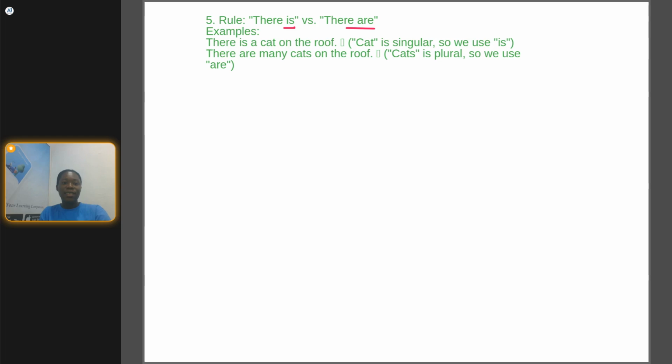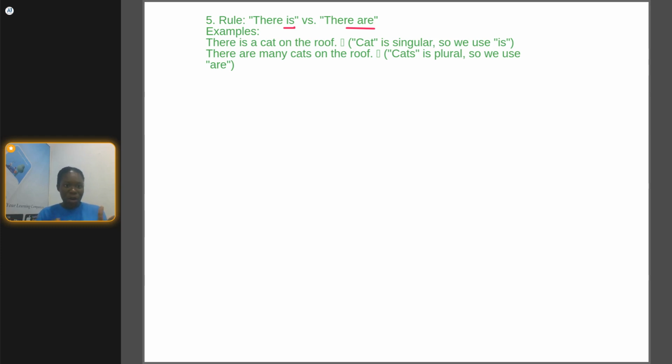There is a cat on the roof. Now, we are using is as the singular part because we are referring to one noun, one subject.